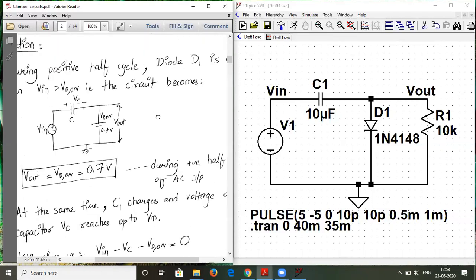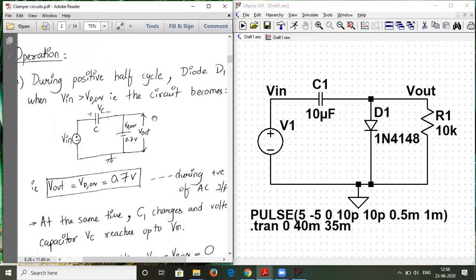At this point, I want to clarify one thing: how does the capacitor charge, very slow or very fast? Let's think for a moment. The capacitor will charge in a particular time, and that time is called the charging time. Now the charging time depends upon the charging elements. The charging elements here are C1 and the diode.